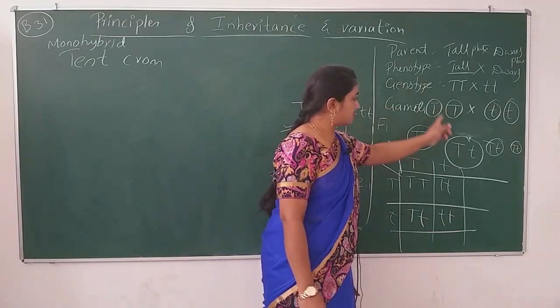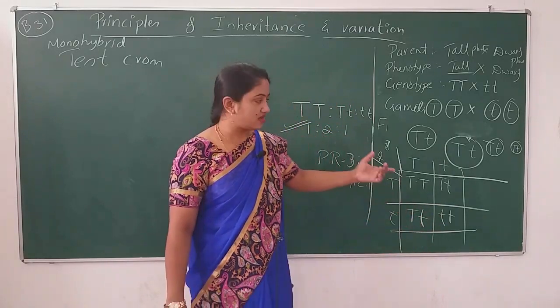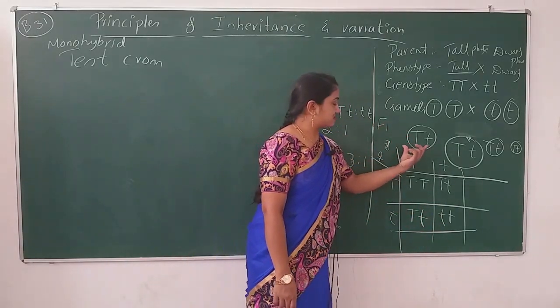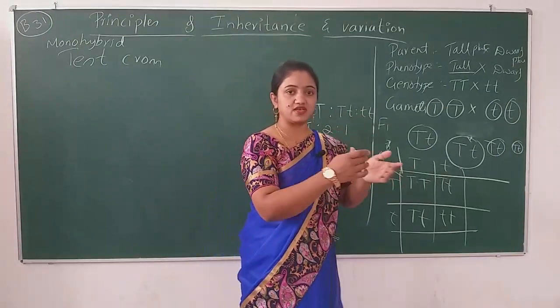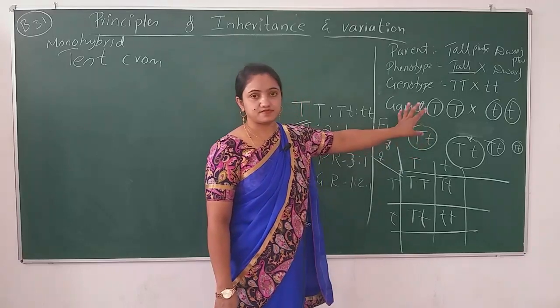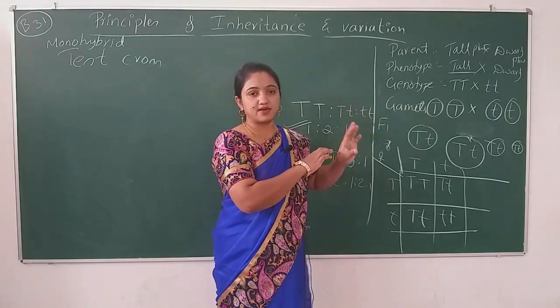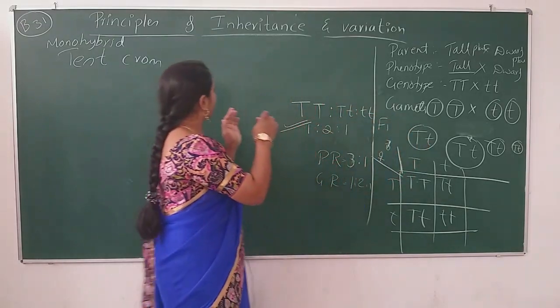So these are all the procedures we studied in the last session. Considering this, I'll consider both of the parents, whether they are homozygous or heterozygous. We are going to test the parents.